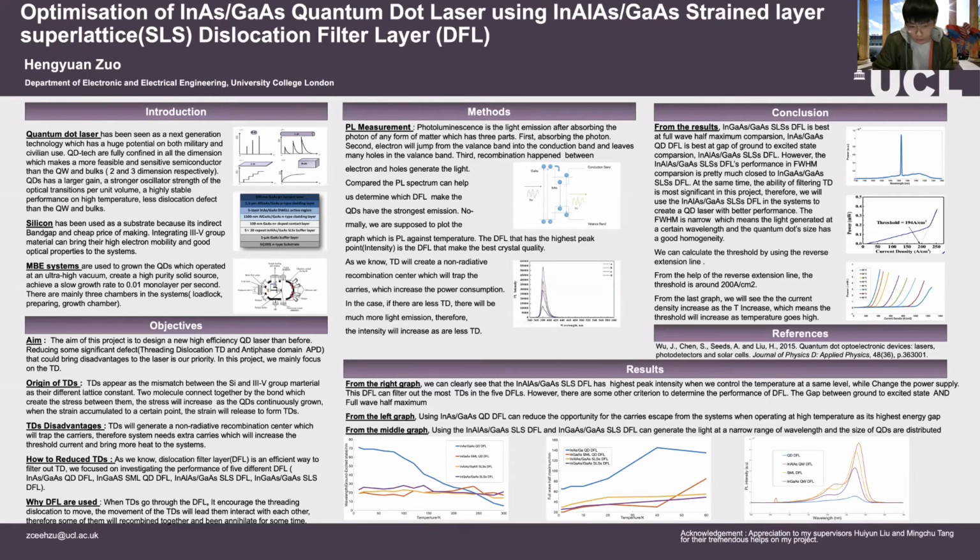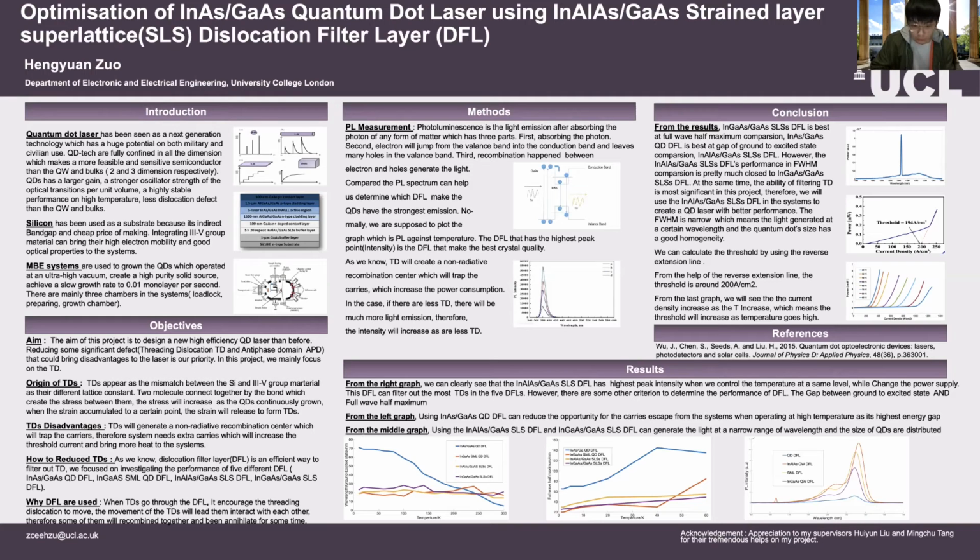And the next one is the full width at half maximum. If there's a narrow full width at half maximum, the light is generated in a small range of wavelengths, and vice versa. We do want our system to generate light in a small range of wavelengths instead of a large range, so the smaller the full width at half maximum, the better the performance.